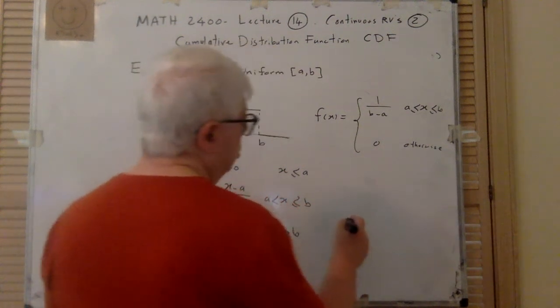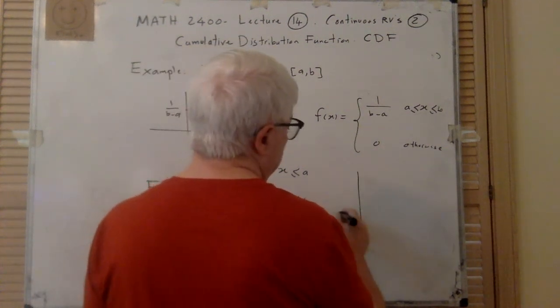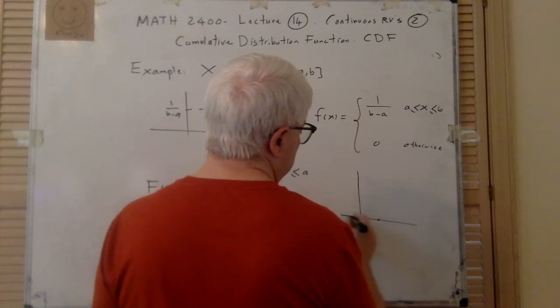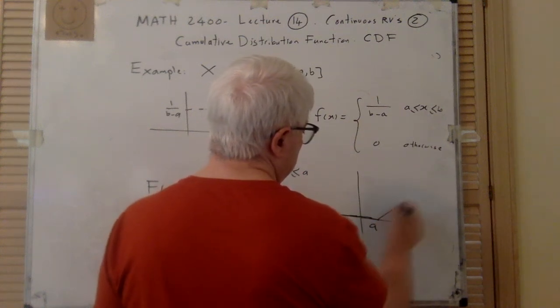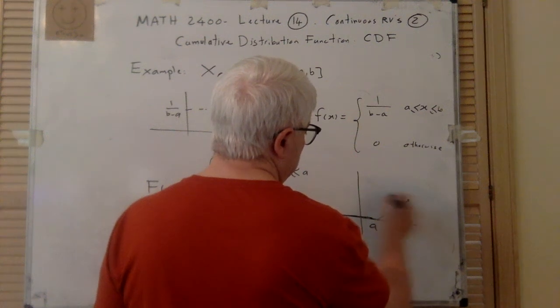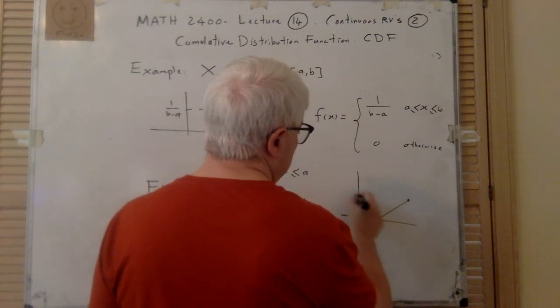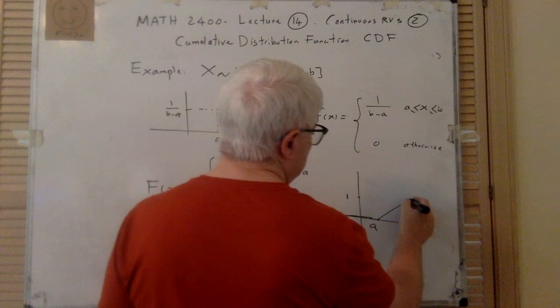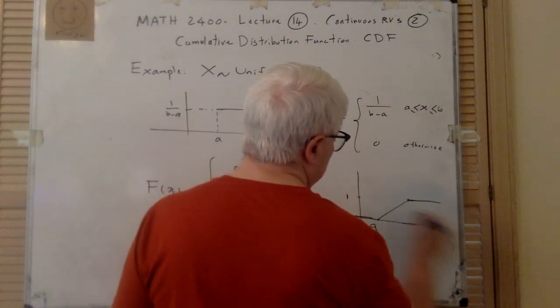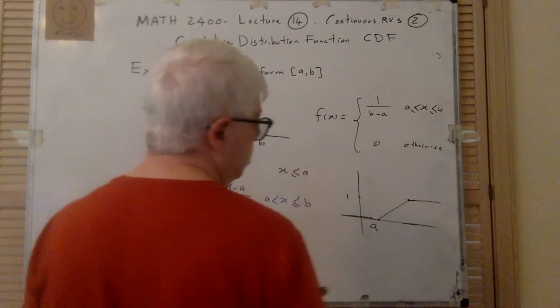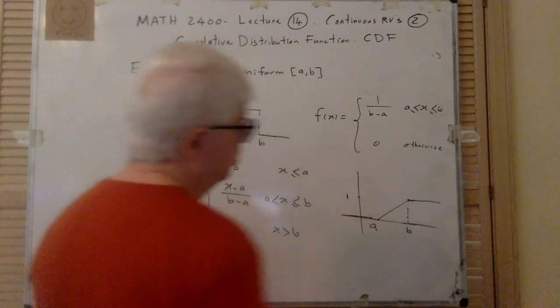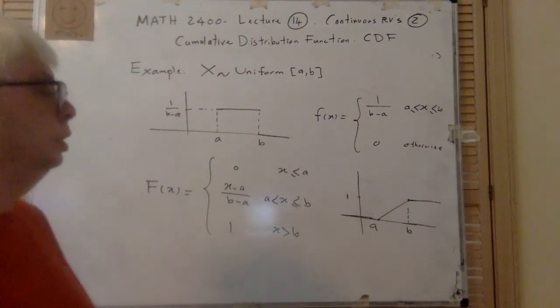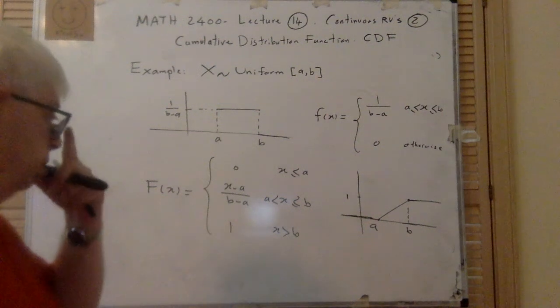So it basically looks like this: 0, 0, 0 up to a, then goes up and goes to 1, and it's like this. And this starts at b. Right?